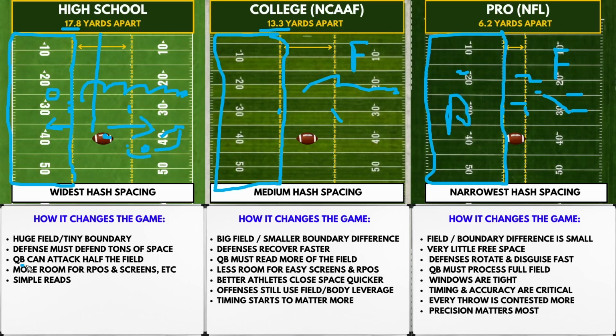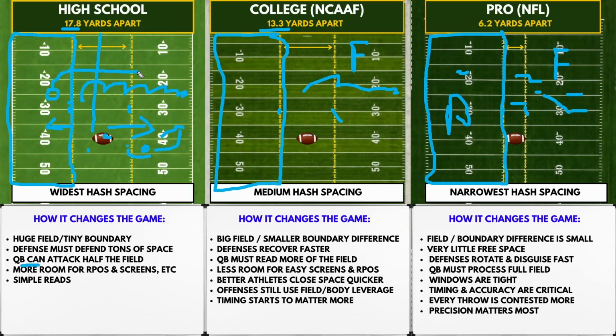So with that, the quarterback does not have to read the whole field because the field is a tiny boundary, and maybe they just want to attack the boundary or run screen passes to the wide open field, and that really can stretch the defense.